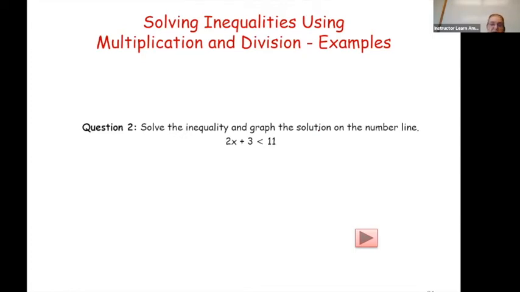Okay, taking a look at the next question: solve the inequality and graph the solution on a number line. Think for a moment about what you would want to do. I hope you're thinking that the best thing to do first is to isolate the term containing x. So to do that, we would have to subtract 3 from both sides of the inequality.